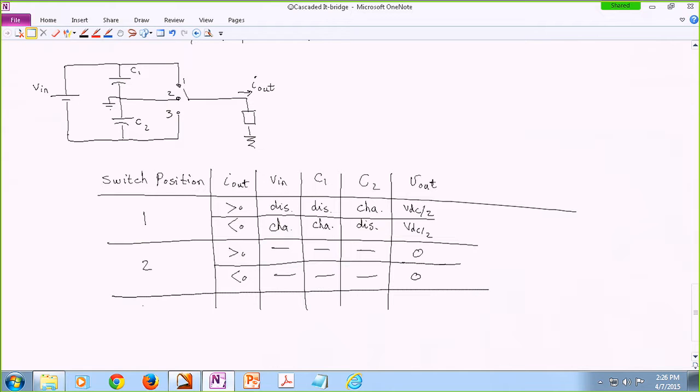And then you select position number 3, and then depending on the polarity or the direction of your current, your source is being charged or discharged. Then C1 is being discharged and C2 is getting charged. And when the current is negative, the opposite happens, charge and discharge. And your output voltage is negative VDC over 2, or negative Vin over 2. Let's say Vin and VDC are the same.